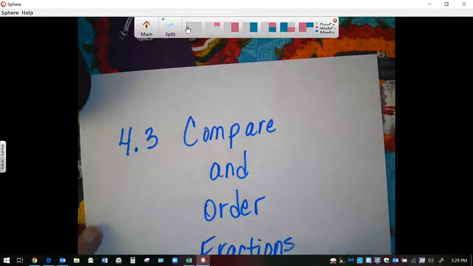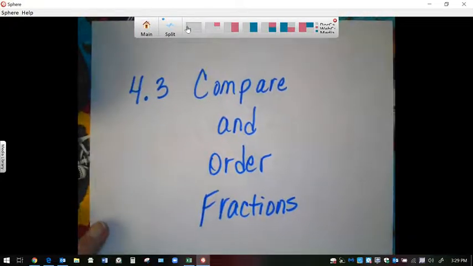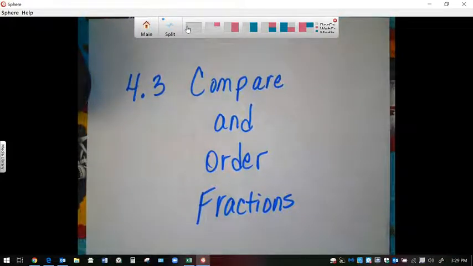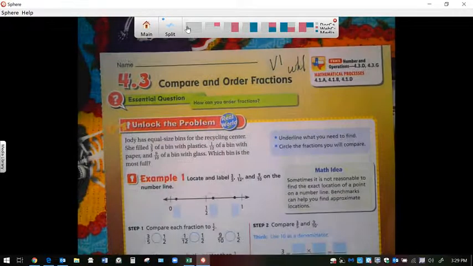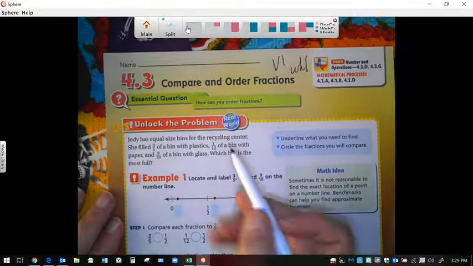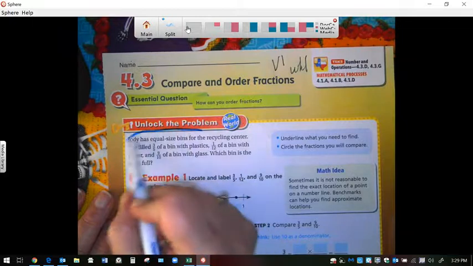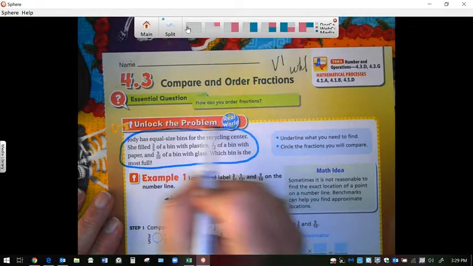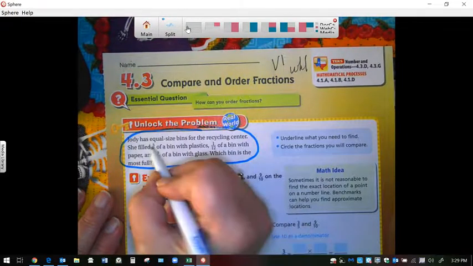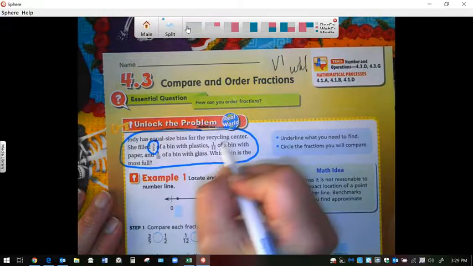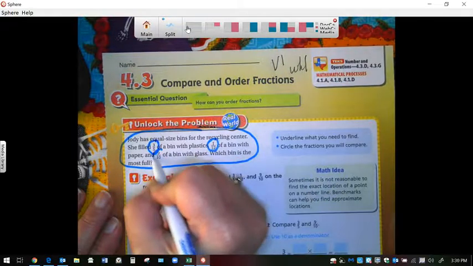Now we've already learned how to compare fractions, but now we're going to have to put them in order. So we are working on this page of your lesson, and I'm going to start with the first word problem. The three fractions are 3/5, 1/12, and 9/10.